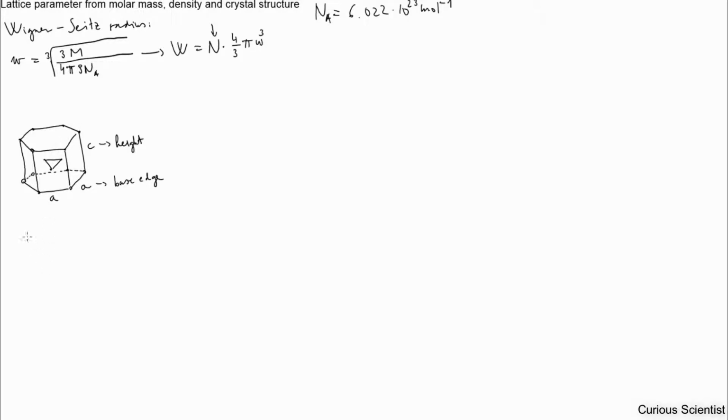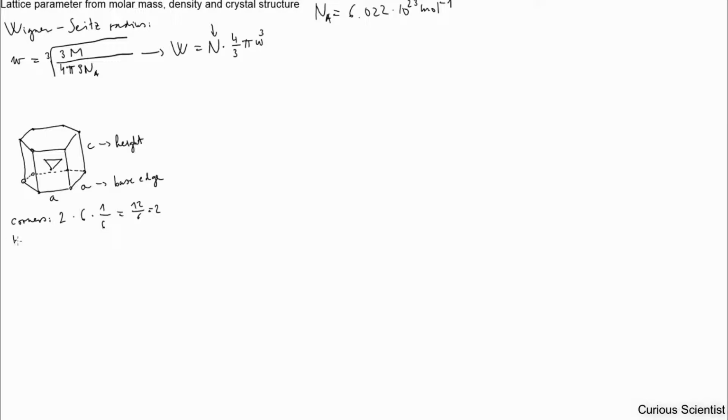So in the corners we have basically 2 hexagonal bases. So we have 2 of them, and then we have 6 atoms at each, but each atom contributes just with its 1/6 of the volume. So in total this will be just 12 divided by 6, which is 2.